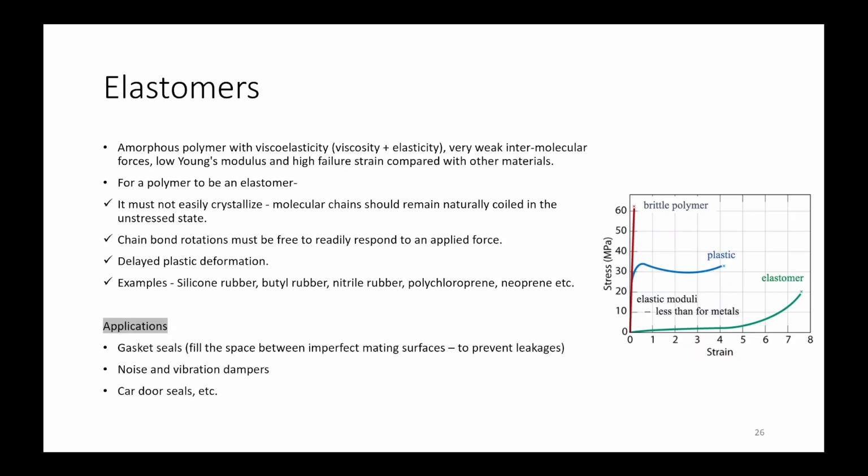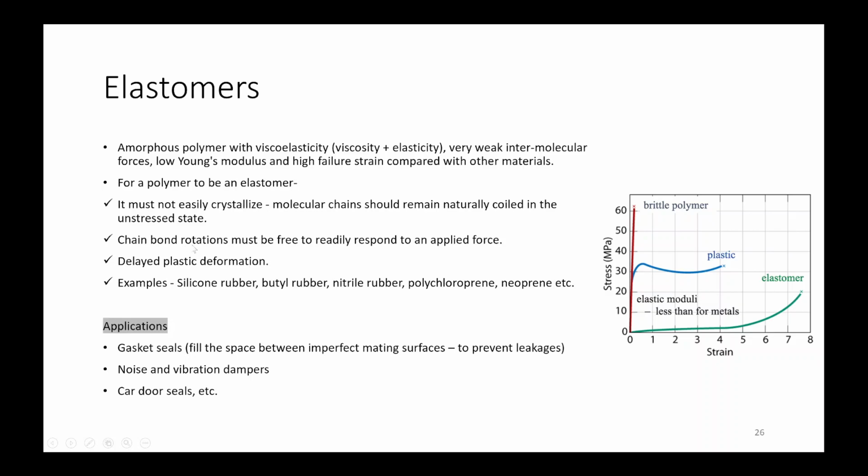Now for a polymer to be an elastomer, it must not easily crystallize, and the molecular chain should remain naturally coiled in the unstressed state so that we can stretch it to very high strains.